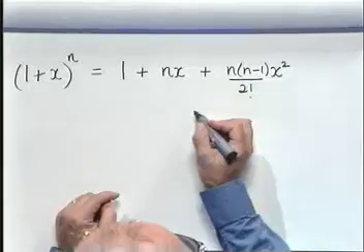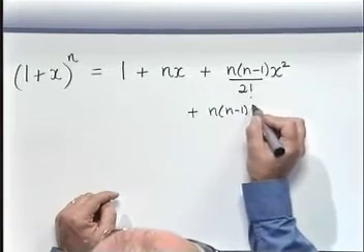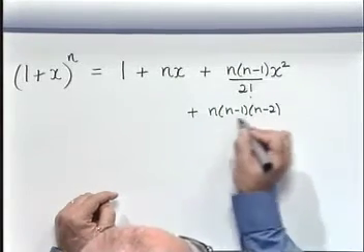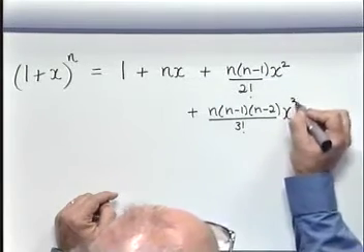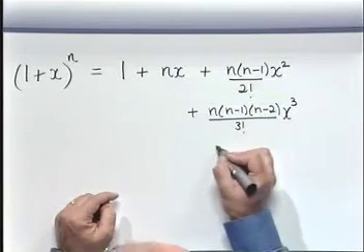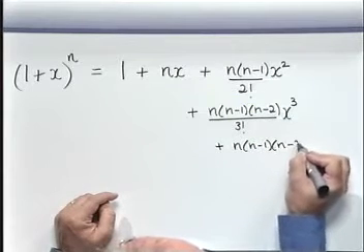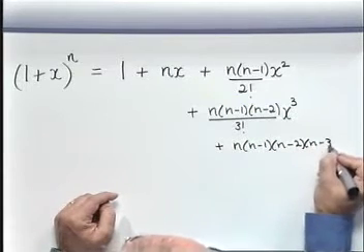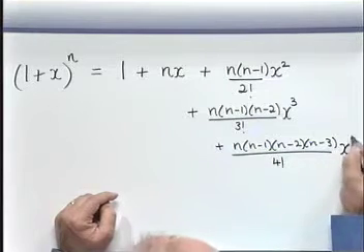1 to any power is still 1, so I don't actually need to write it down. The next term will be n, n minus 1, n minus 2 over 3 factorial x cubed. The next term will be n, n minus 1, n minus 2, n minus 3 over 4 factorial x to the 4.